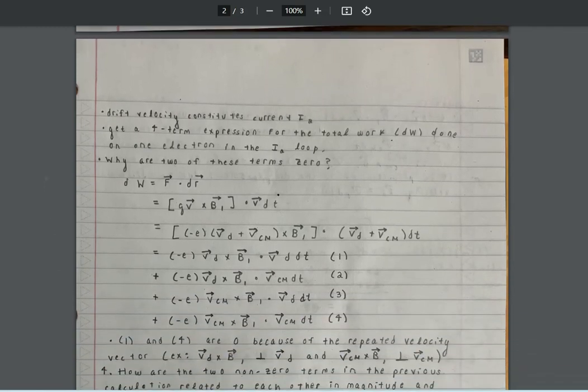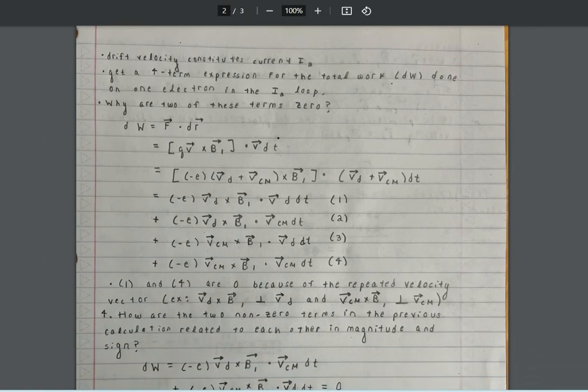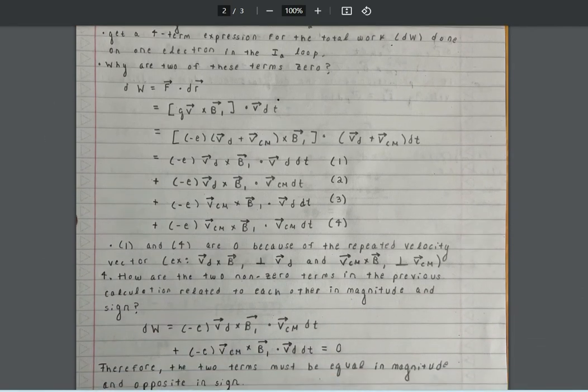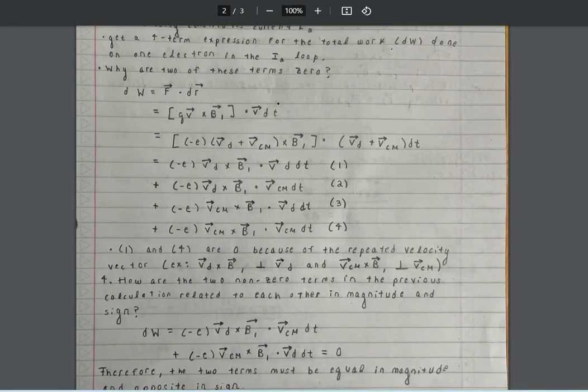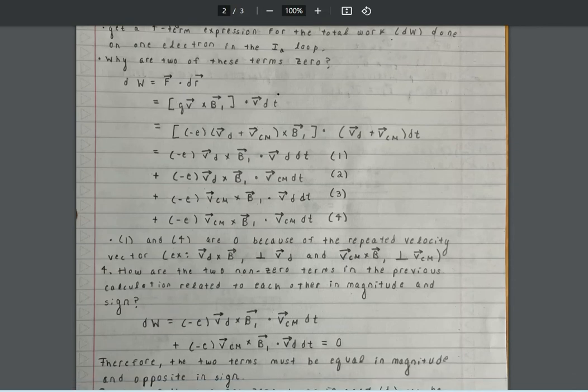So the drift velocity constitutes the current I2, and so we're trying to derive a 4-term expression for the total work done on one electron in the I2 loop. So why are 2 of these terms 0? Is the other question we're going to answer.